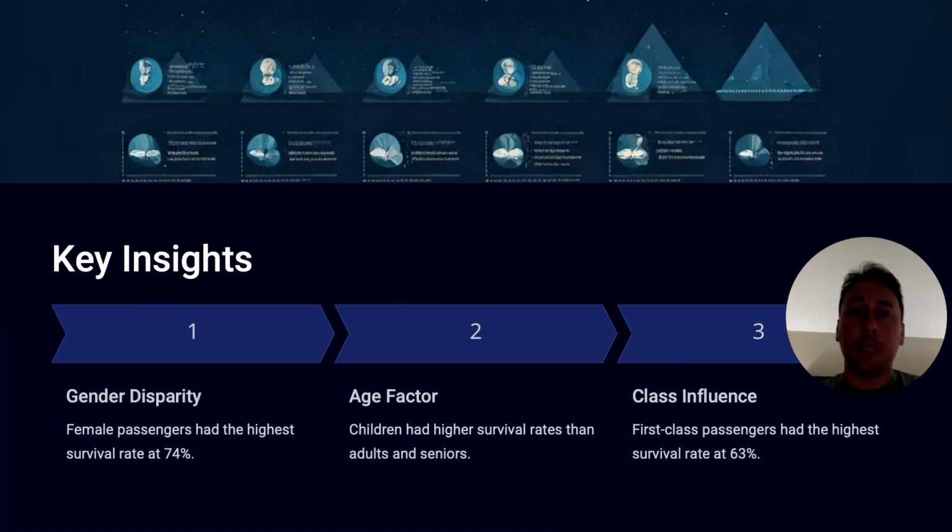This analysis shows sharp contrasts in the survival rate across groups of passengers, bringing into light the role of age, gender, and social class in determining one's chance for survival during the disaster.